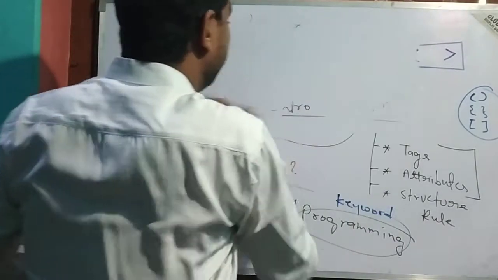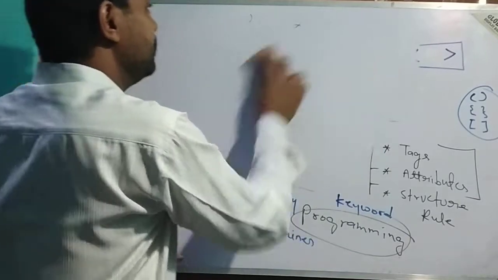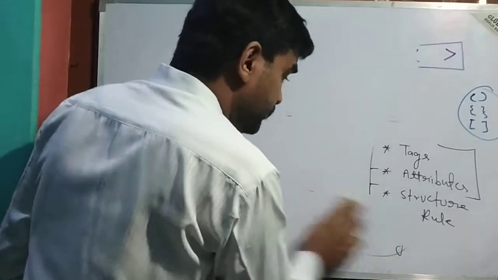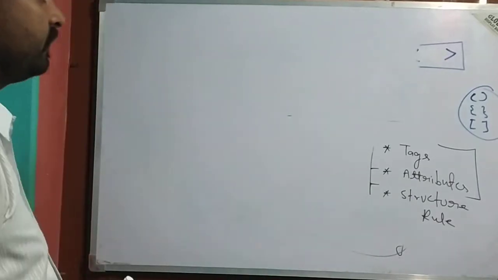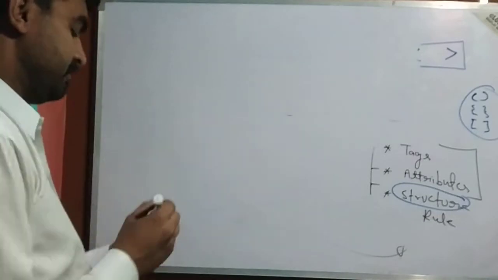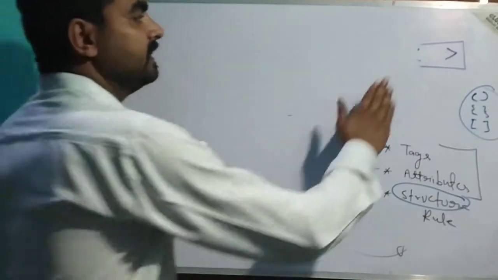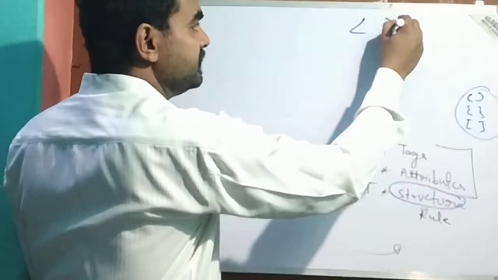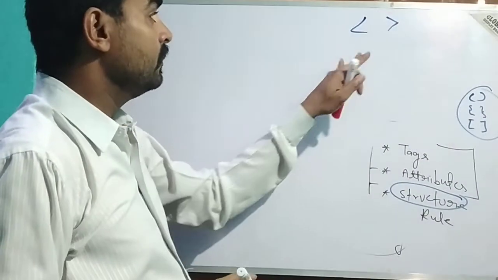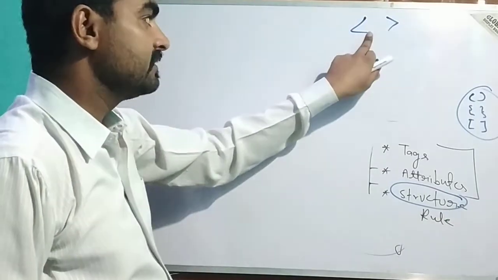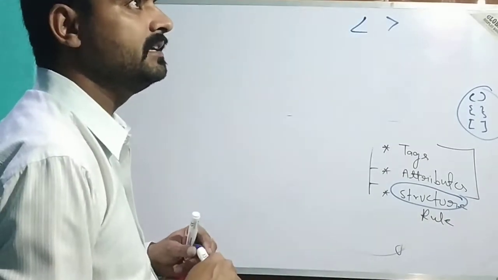Structure of HTML coding. It is known as structure of HTML coding. Student, in the previous video I said that anything written in angle brackets is called a tag. Tags are keywords of HTML.